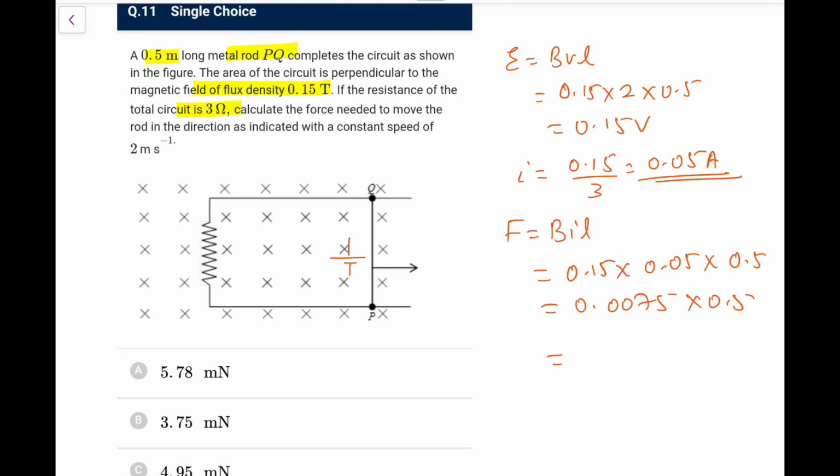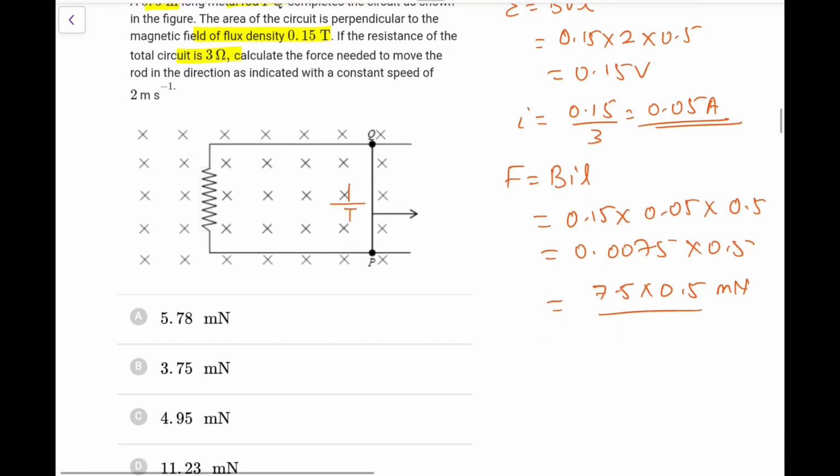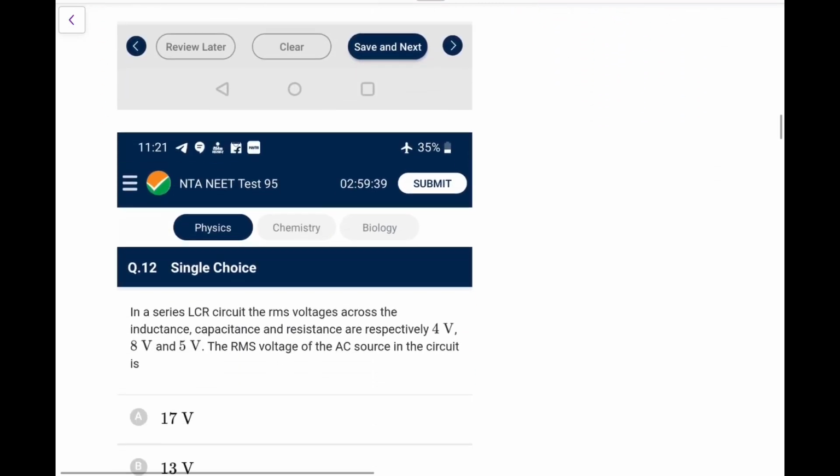So I can write 7.5 into 0.5 millinewton, so this would be 3.75 millinewton. That is the force, because the magnetic field force will try to stop it from shifting, so you need to apply a force in the opposite direction of that force to keep it moving.